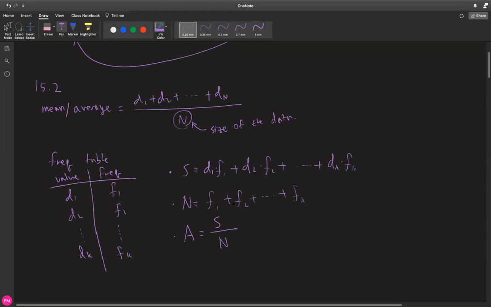When you're given a frequency table, this is the way to find it. Essentially they're the same thing, but with a frequency table with a lot of different numbers, this will save you a lot more time.